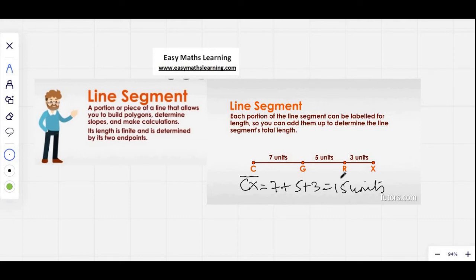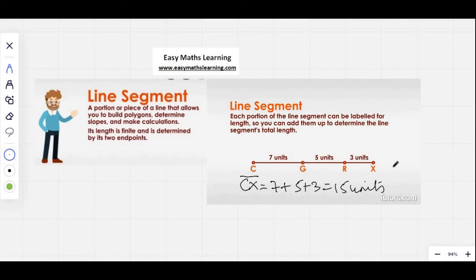In the next example on the right side, we can see that a line segment CX has been divided into 3 unequal parts. Why? Because the first part CG is equal to 7 units, the next part GR is 5 units and the last part RX is 3 units. A line segment is symbolized by a line above the name of the line segment, that is CX.